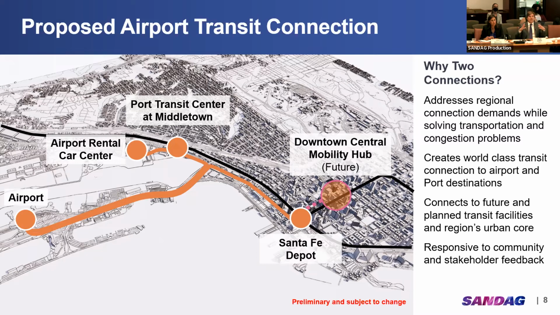We see it as really tying together all of our regional transportation in a central location and allowing people from north, east, South County to get into that mobility hub, change modes, and get to where they need to go, whether that's the airport or something else. It might be somebody coming from the south or east, getting to the Central Mobility Hub to access a train to LA. I mean, to be very clear, they are two separate projects.